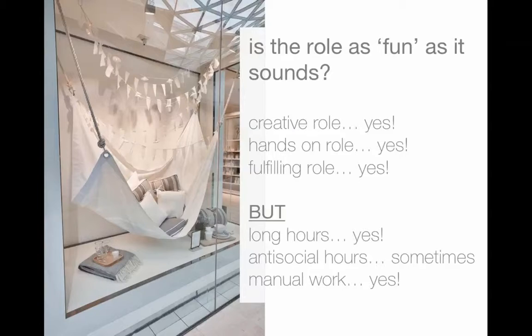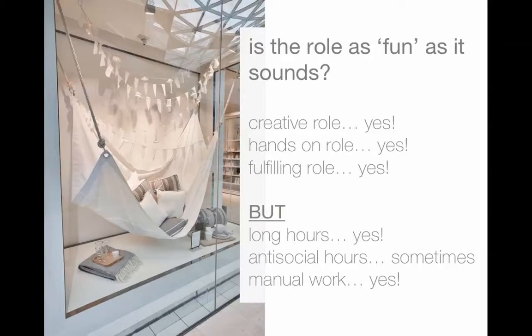And it's definitely manual, so you've got to have or be able to develop an element of physical strength, so being able to hold mannequins. A mannequin itself is generally quite heavy, so being able to manoeuvre mannequins around the store, lifting them into the windows, making sure that you're in a position where you can do that, and all of that is part of the role as well.